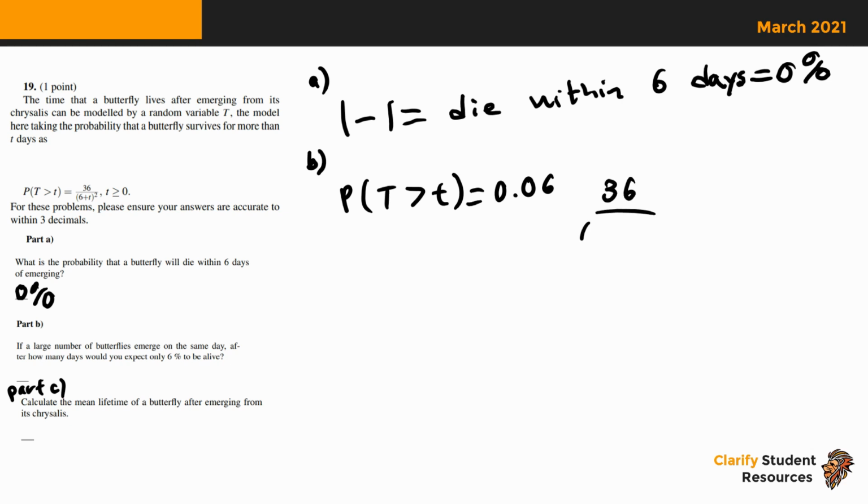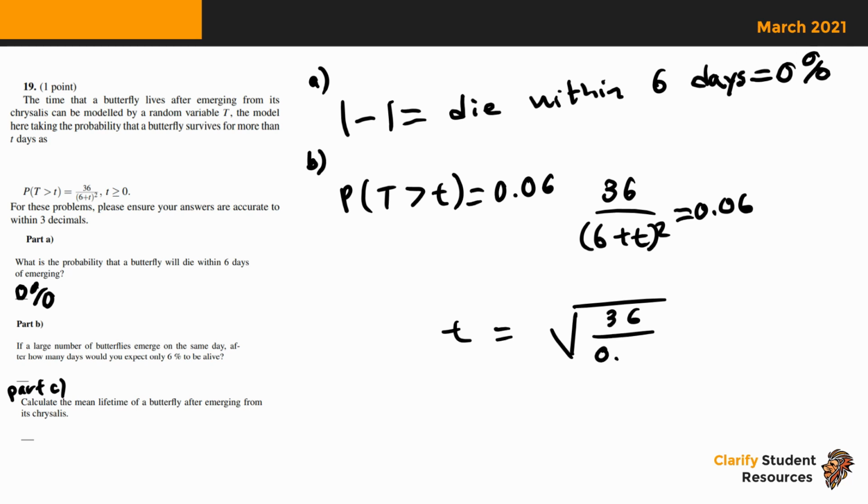So we get 36 over (6 plus t) squared equals 0.06. And then when we solve for this, we're going to get t is equal to 36 over 0.06 minus 6. I'm going to plug that into a calculator.